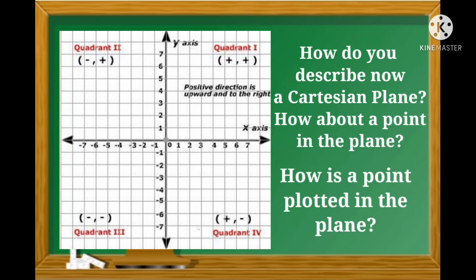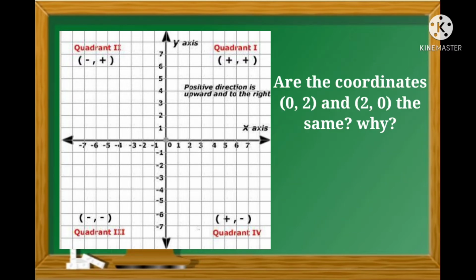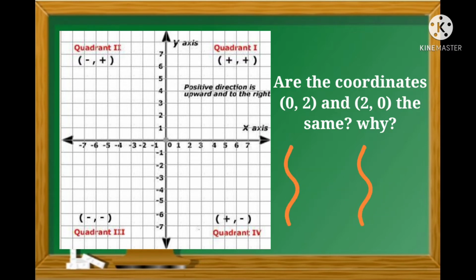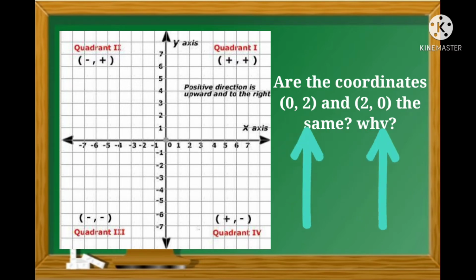How is a point plotted in the plane? Are the coordinates 0, 2 and 2, 0 the same? Why? Can you plot these points in the plane? How do we call now the first component of an ordered pair? How about the second component? These questions will be answered as we go along with our discussions.